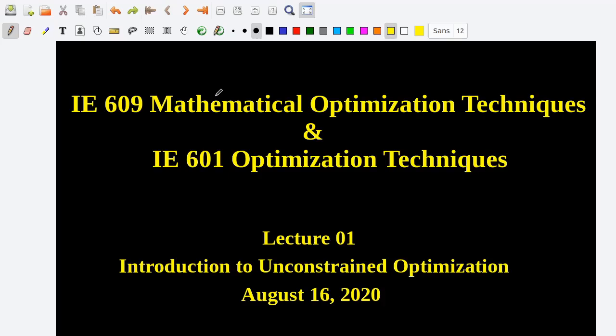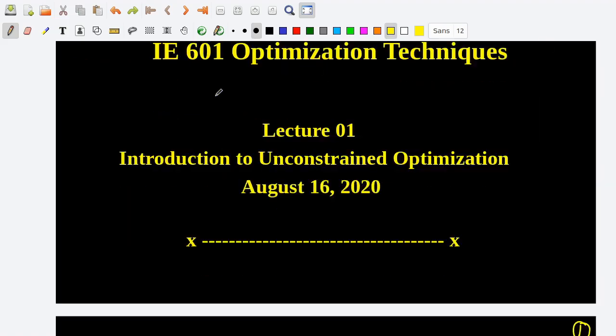We will start today with a very quick introduction to unconstrained optimization. So what exactly is unconstrained optimization?